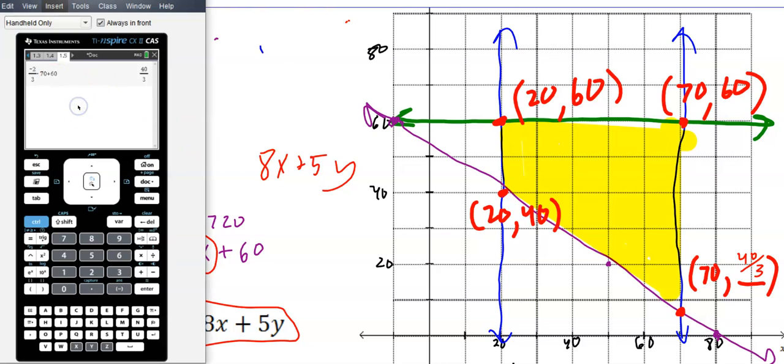This would be 8 times 20 plus 5 times 60 for the first point, and that would be 460 here. And then 8 times 70 plus 5 times 60 in the calculator is 860. That's a lot more.